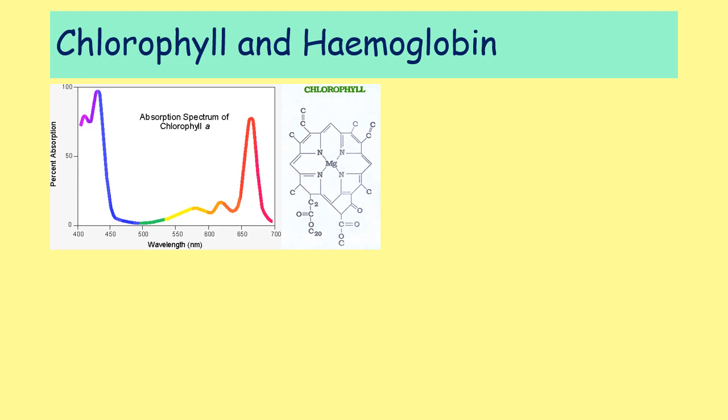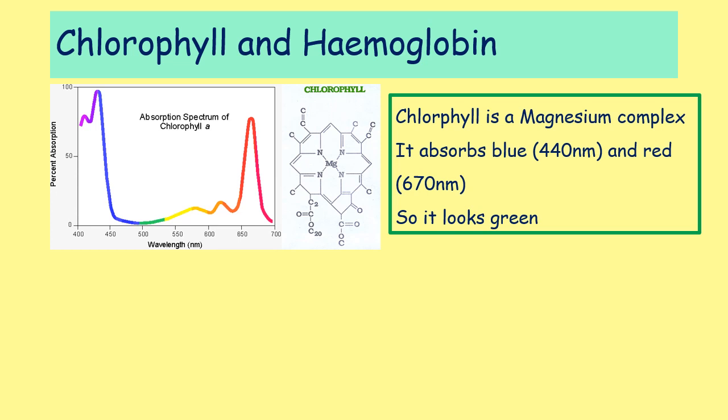Where it doesn't absorb, that's the color of light that passes through the molecule, so the colors of light that are green and yellow. So chlorophyll is a magnesium complex. It absorbs blue and red, and as a consequence it looks greeny yellow. That's why the majority of plants look green.